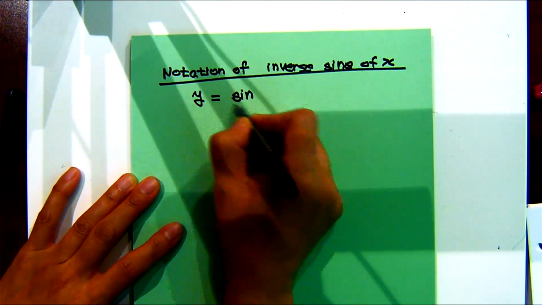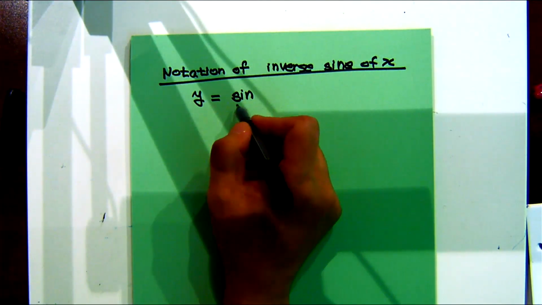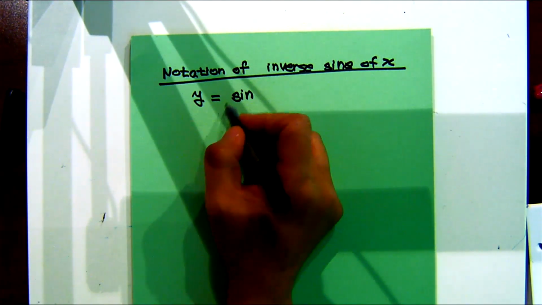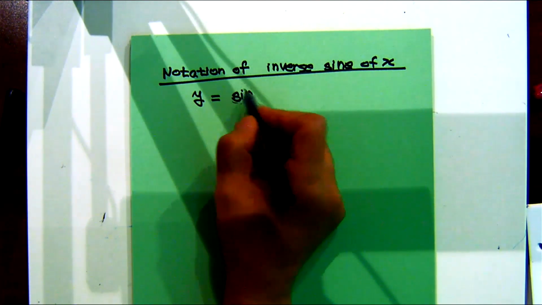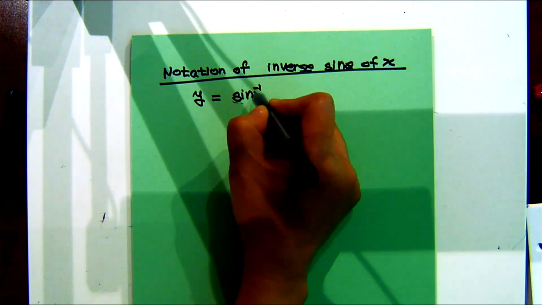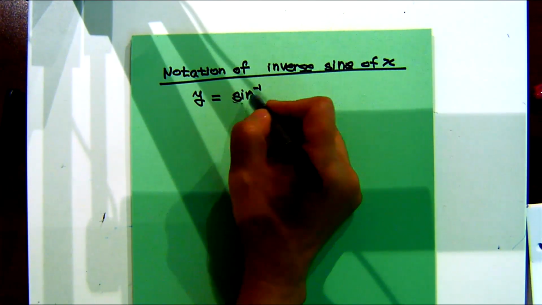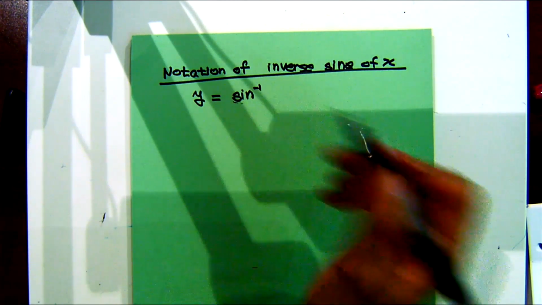Sine is the function name. Usually a function name is one letter, but a trigonometric function has 3 letters, but that is the function name. So inverse means the -1 power must be attached to the function, and that means inverse, not 1 over.